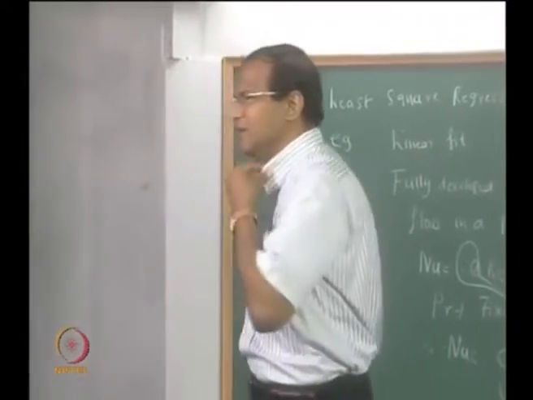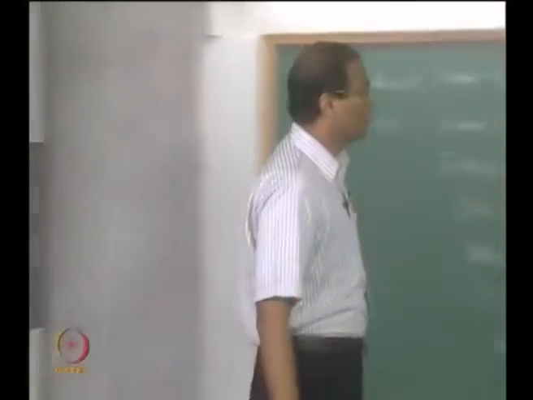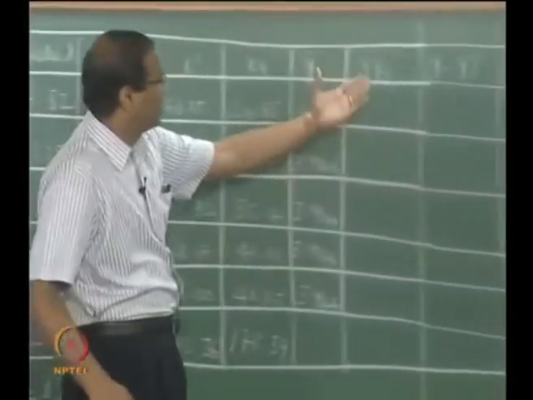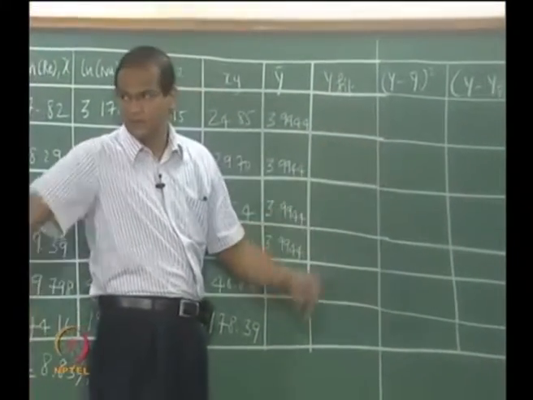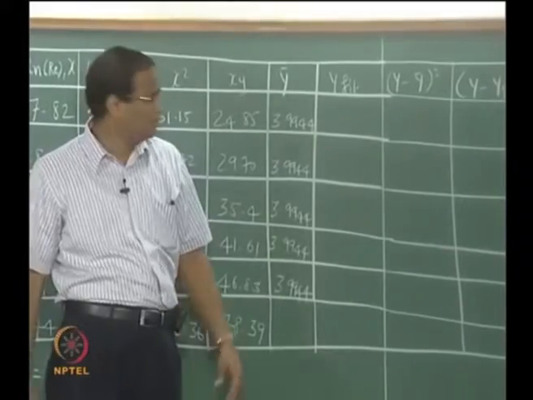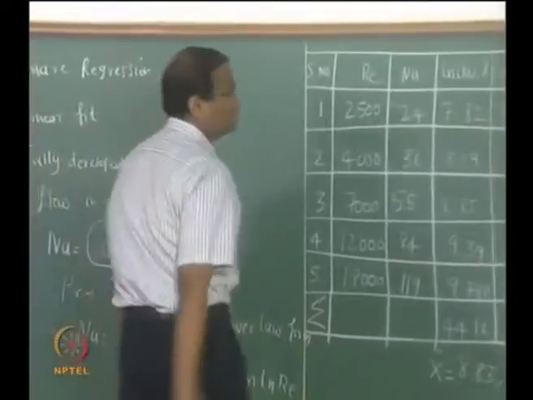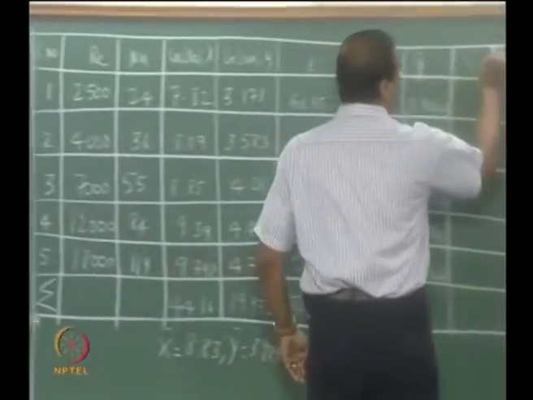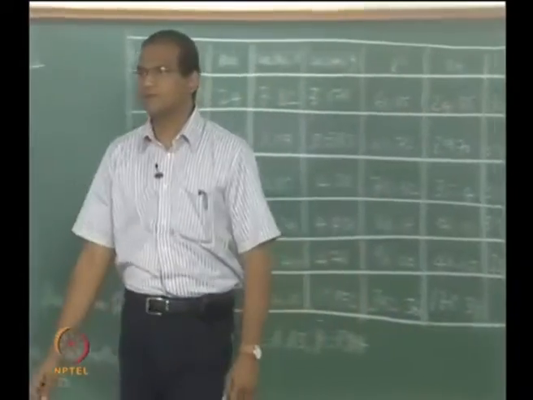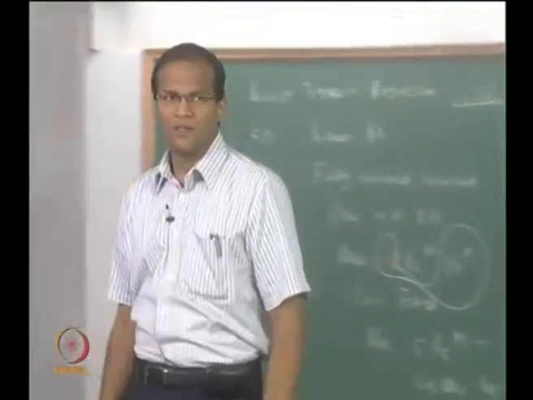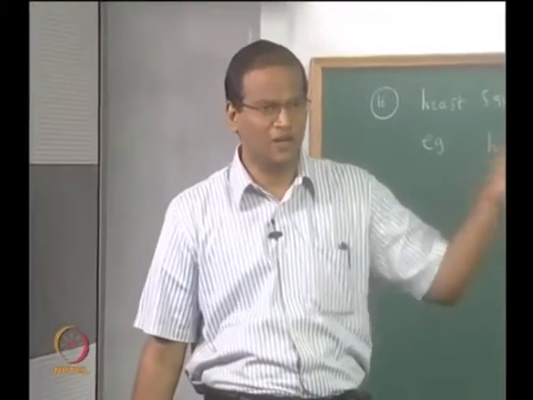Deepak, can you tell me? No, now we will say that what will be the regressed values of y according to that equation. No, this y is this ln of nu. Okay, so ln nu. Take 0.064464 to Reynolds number to the power of 0.8 and take ln of that.